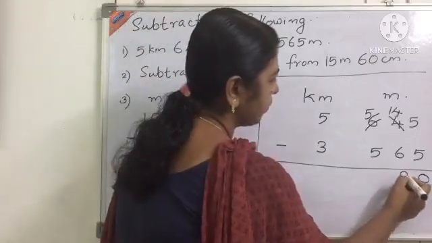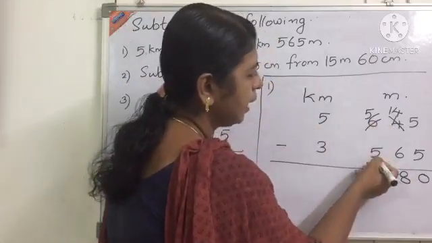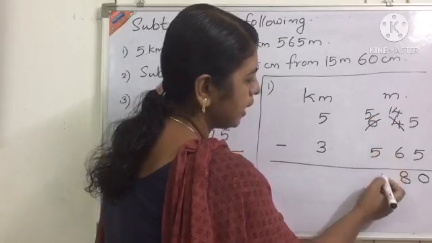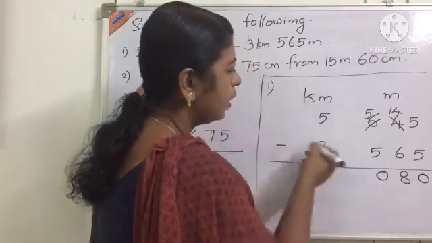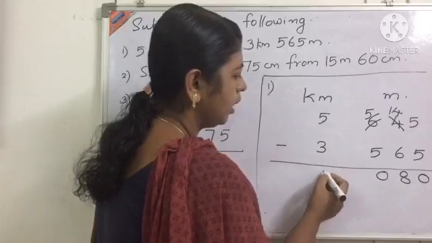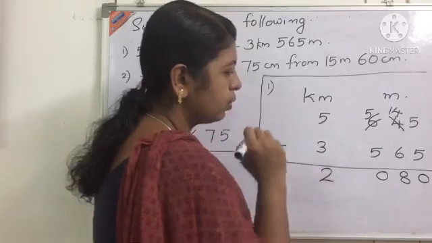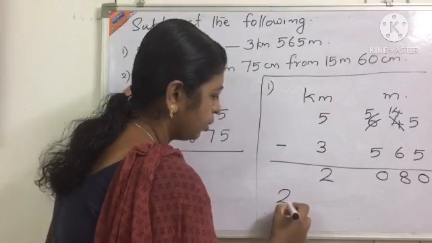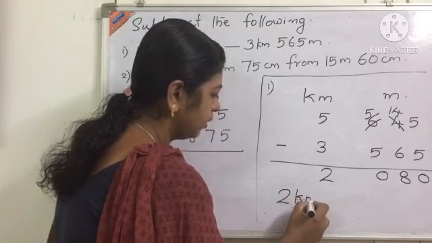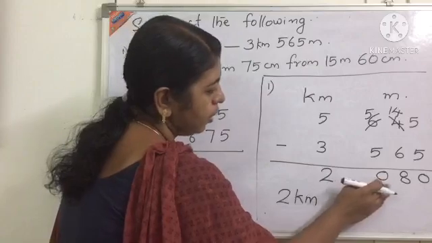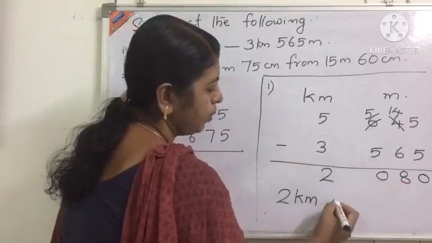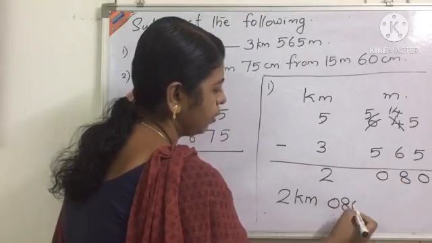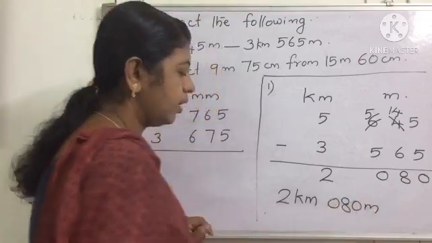Then 5 minus 5, a number minus the same number, is 0. Then 5 minus 3 is 2. So what is the answer? 2 kilometer 080 meter.